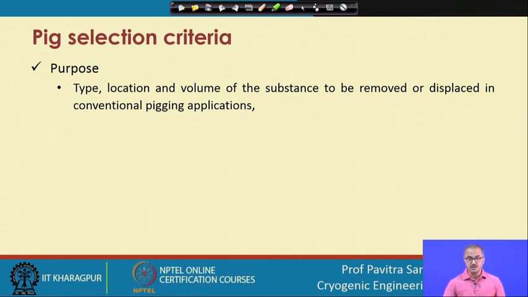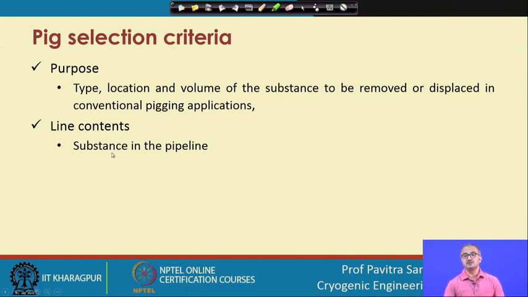Accordingly, we will choose the type of the pigging operation, and then we have the line contents. What are the substances going in the line, whether it is fluid, liquid, solid, or some slurry, or whether it has some kind of precipitating substance within the fluid. All these things need to be considered for selection of the pig.